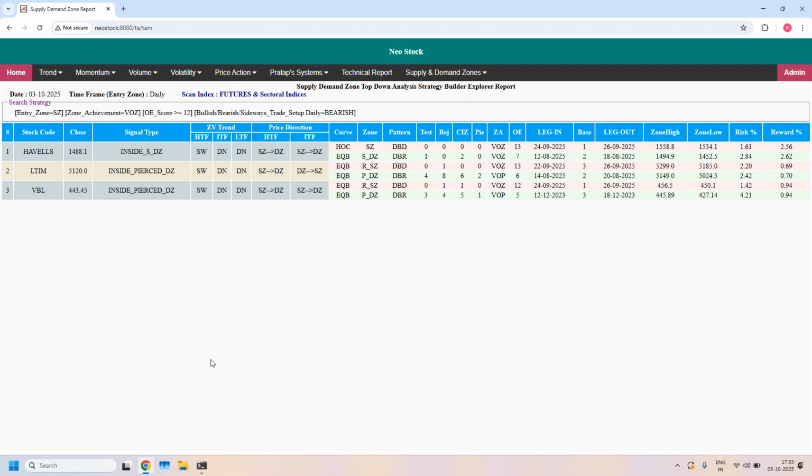All the 3 stocks are supporting the bearish trade setup for monthly income trade, and the entry time frame zones are daily supply zones. Out of these 3 daily supply zones, how many have a higher probability of success? We will filter that based on the different zone confluence and EMA confluence strategies that you learned in lesson 27.